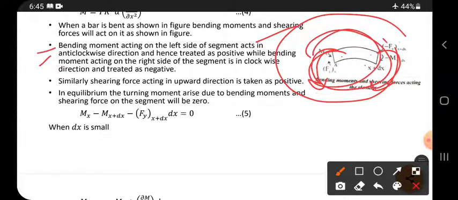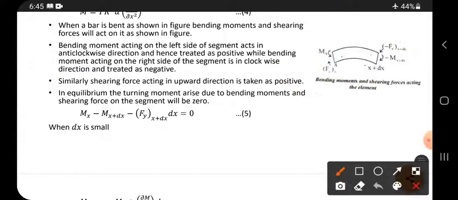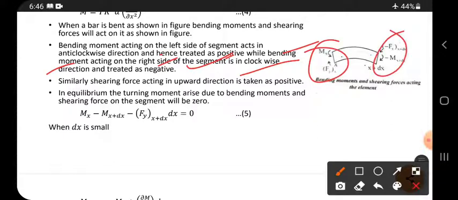Left side anti-clockwise is treated as positive, while the bending moment acting on the right side of the segment is in the clockwise direction and is treated as negative. So here all the left ones are positive and this side are negatives.